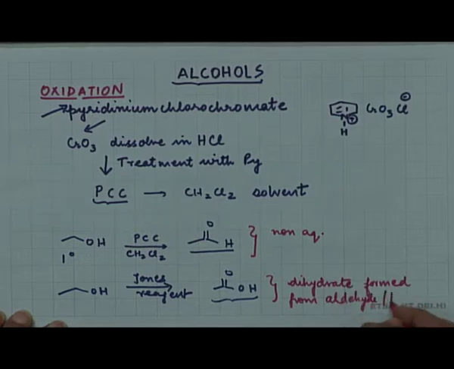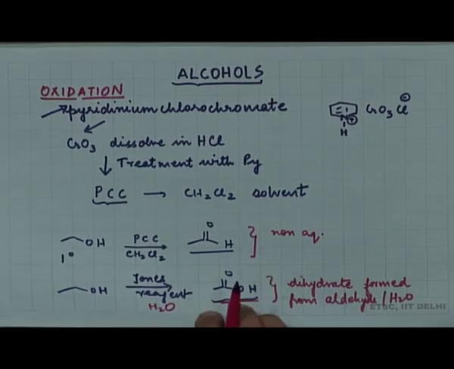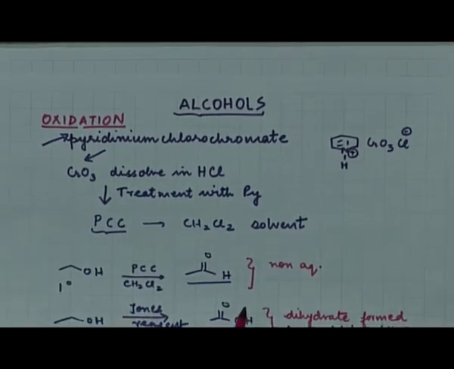So, in the presence of water, this is what was happening, and this is what was leading to the further reaction. Since this is taking place under non-aqueous conditions, we are able to regulate the reaction and stop it at the aldehyde stage. So, this is one important reason why pyridinium chlorochromate is used in specific conditions.